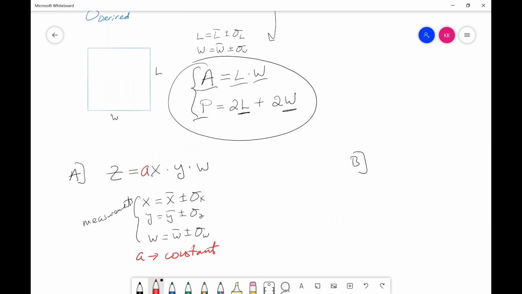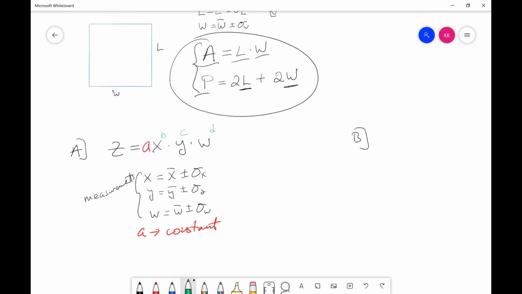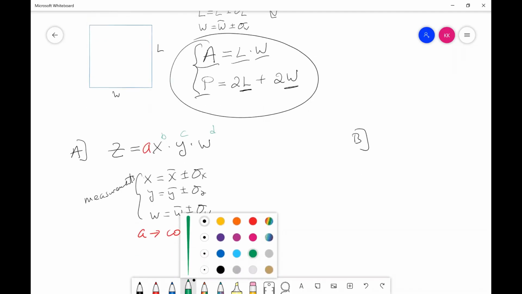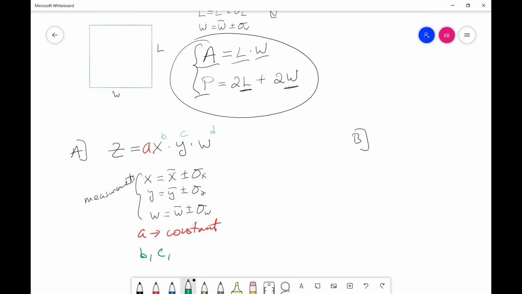Another thing we can have is that some of those quantities in the equation can have exponents. For example, X can have an exponent, Y can have an exponent, and W can have an exponent. Let's say B, C, and D are exponents of these measured quantities.